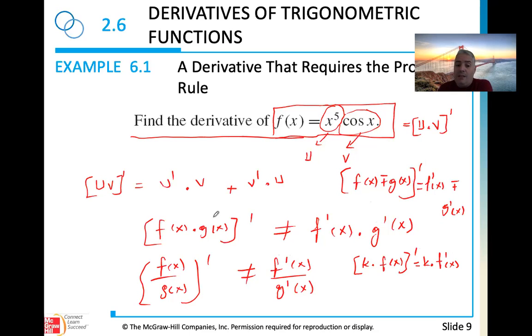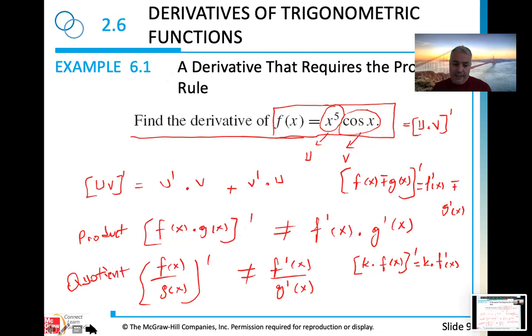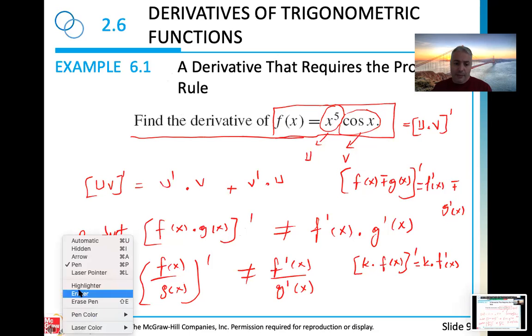But if you have multiplication or division, we have to use the product rule or the quotient rule, which is u prime v plus v prime u, or u prime v minus v prime u divided by v squared. Okay, this is the case. I think we already said this before. So let me continue then.